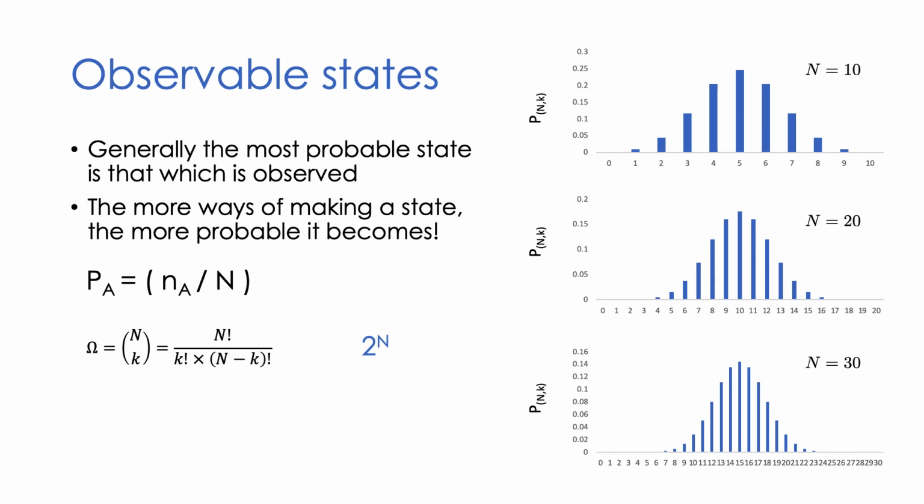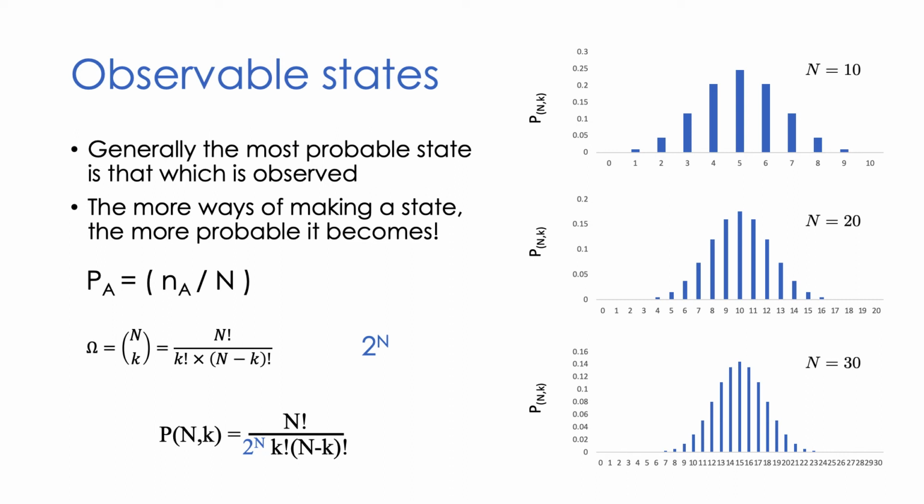Now, based on these 3 formulas, we can then define the probability with the following formula, where we are just putting together multiplicity and total number of microstates to define the probability of each macrostate, which is indeed the formula we use to calculate the probability distributions that you see on the right side.